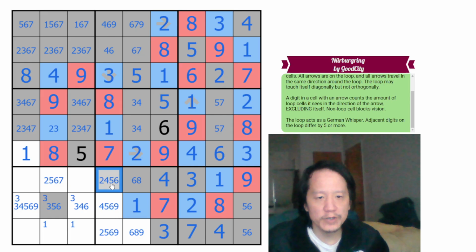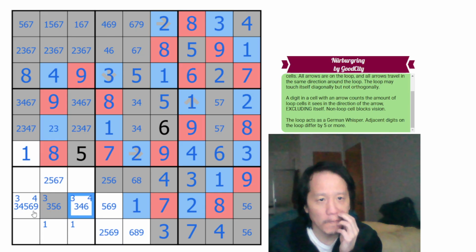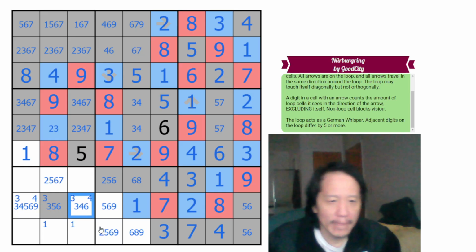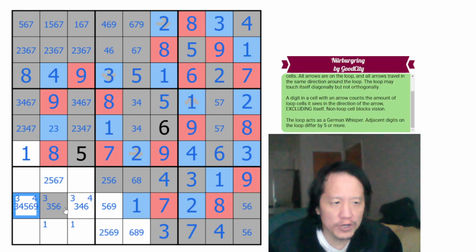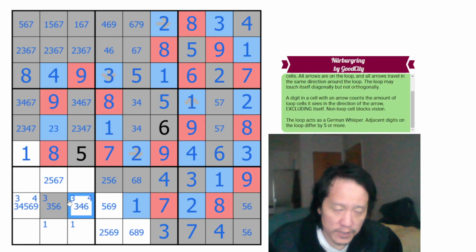4 can no longer be here. So this can't be 4. So this has to be 3 and 4. So 4 has to be one of these two. But 4 can never be on the loop here.